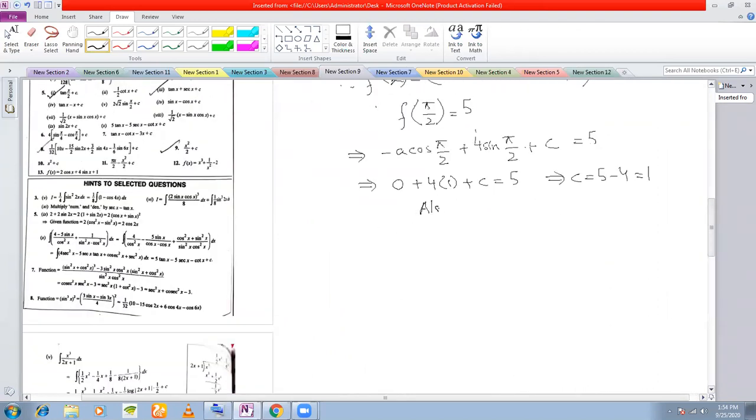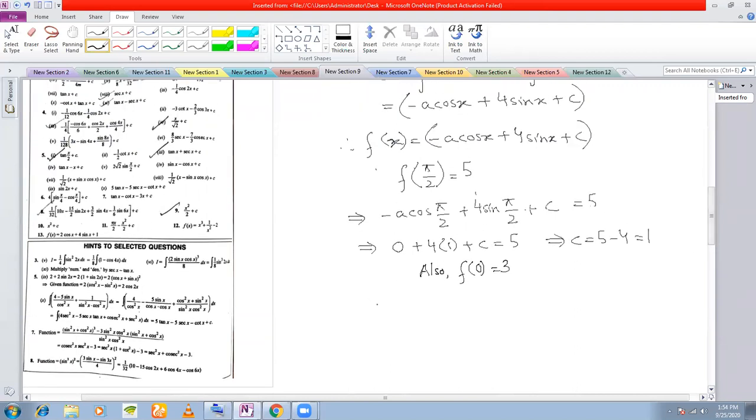Also, f 0 is equal to 3. So what is f 0 here? Minus a cos 0 plus 4 sin 0 plus c is equal to 3. That means minus a plus, what is the value of c that I have got here? 1.